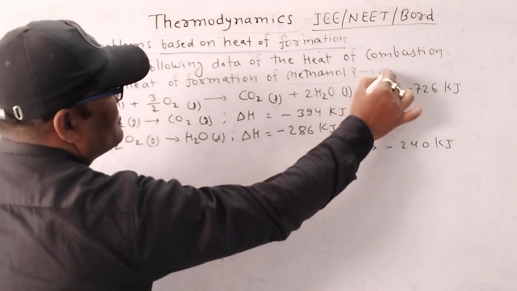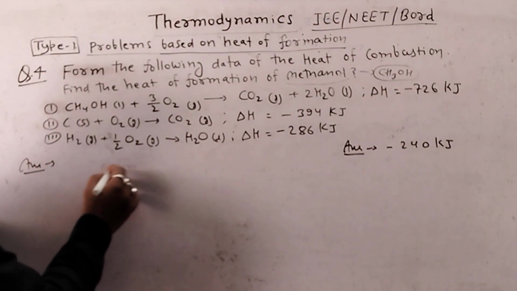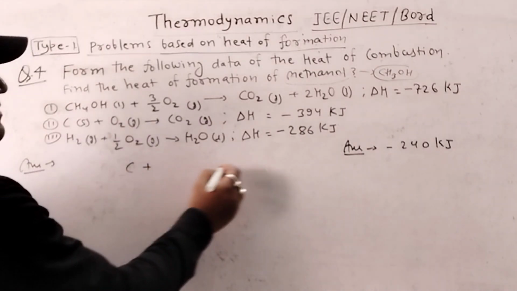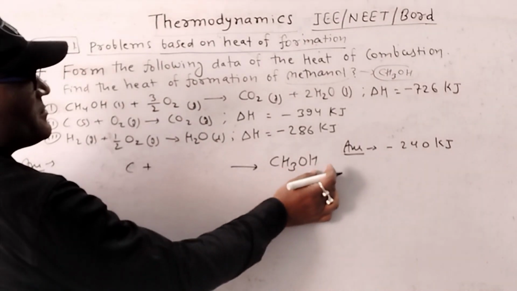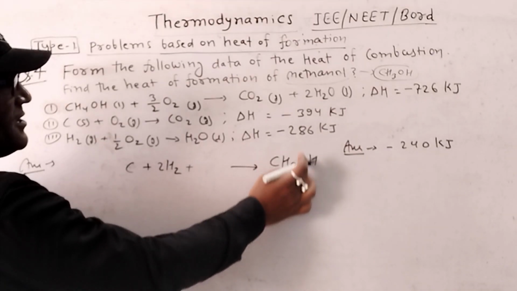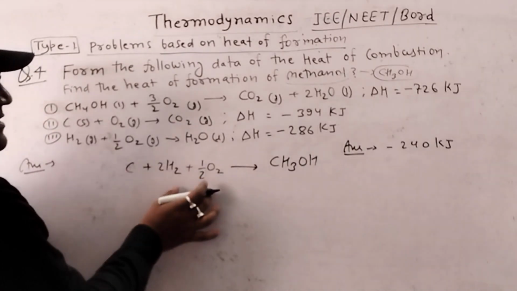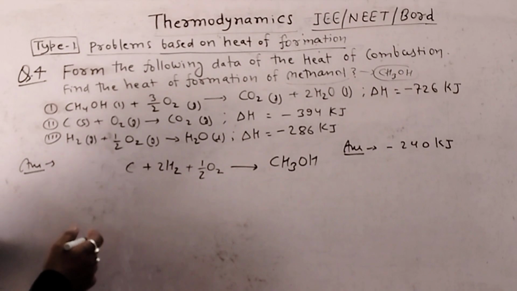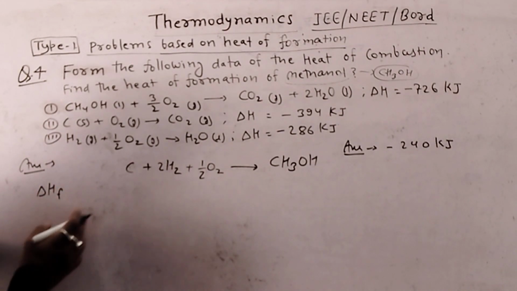Methanol is CH3OH, this is its molecular formula. So 1 mole of carbon, 3 plus 1 is 4, so 2 moles of H2, and due to the presence of a single oxygen atom, half mole of O2. These species react together and methanol is formed.